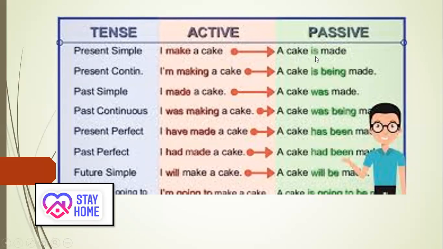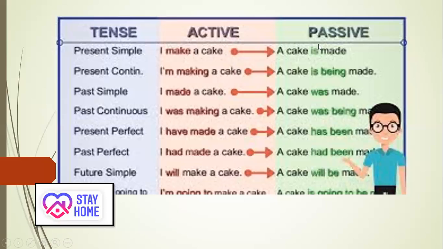But we are also always using present simple. So if we are using present simple, we include the verb to be in present because we are making reference to the present simple tense.